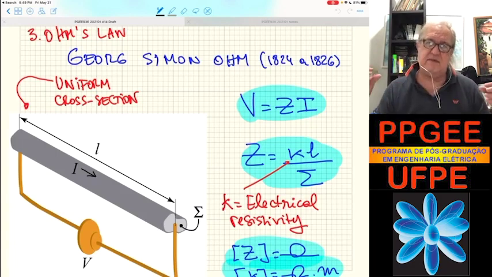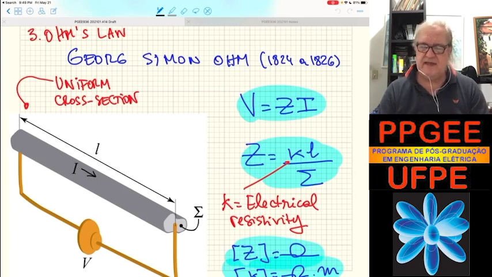Georg Simon Ohm conducted several experiments in which he played with different conductors, different cross-sections, different materials, and different lengths, and he established the relation between applied voltage and flowing current in such conductors.